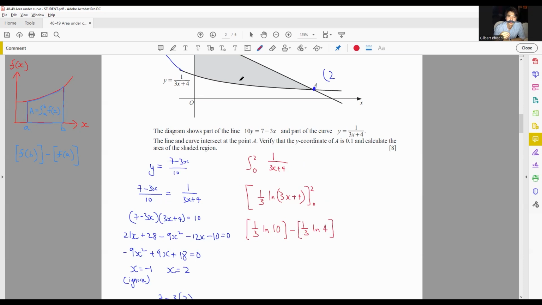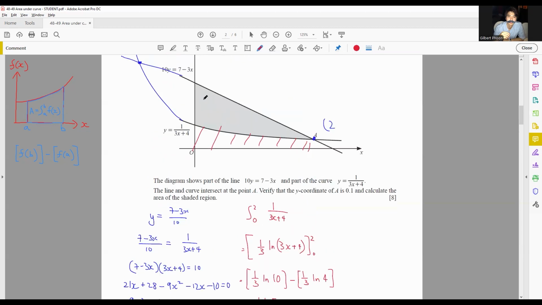Now this is going to be the area under the curve. Simplify this equation, you would have gotten 10 over 4, so it's 1 over 3 ln 10 over 4 is 5 over 2. The area under the curve here is 1 over 3 ln 5 over 2.